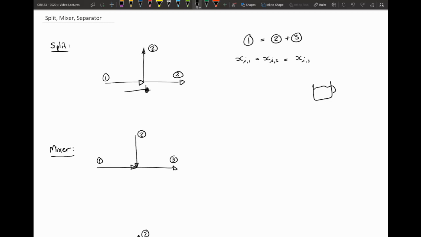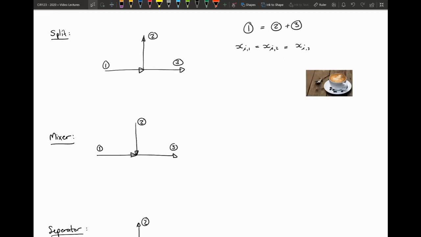I'm not going to once take milk out and once take sugar out. So how's it possible that if I take the cup of coffee and split it into stream 2 and 3, that the composition will be different at stream 2 and 3? So please, guys, don't ever in your life have a split and say the composition for component i in stream 1 is different to the composition of component i in stream 2. It just cannot be.